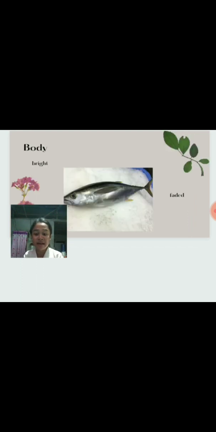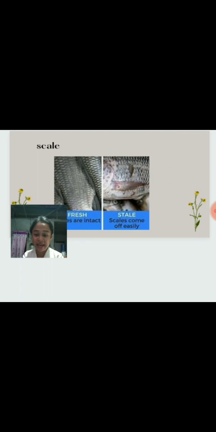Next is the body of the fish. The body of the fresh fish is bright, while the body of the spoiled fish is faded. Next are the scales. The scales of the fresh fish are intact, while in spoiled fish they come off easily.